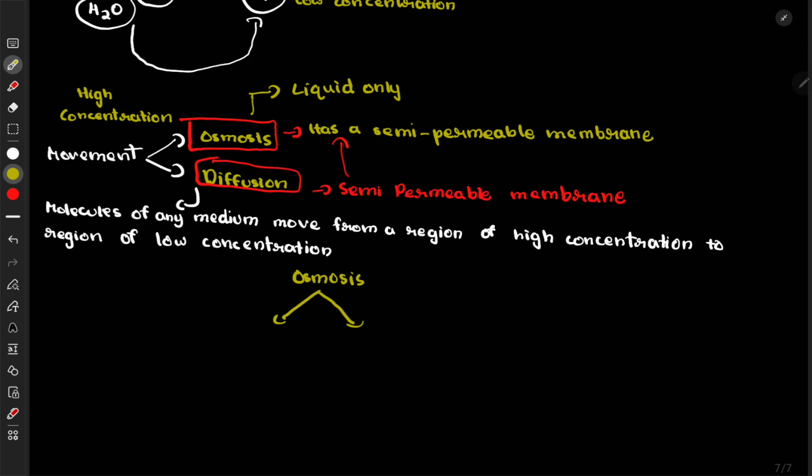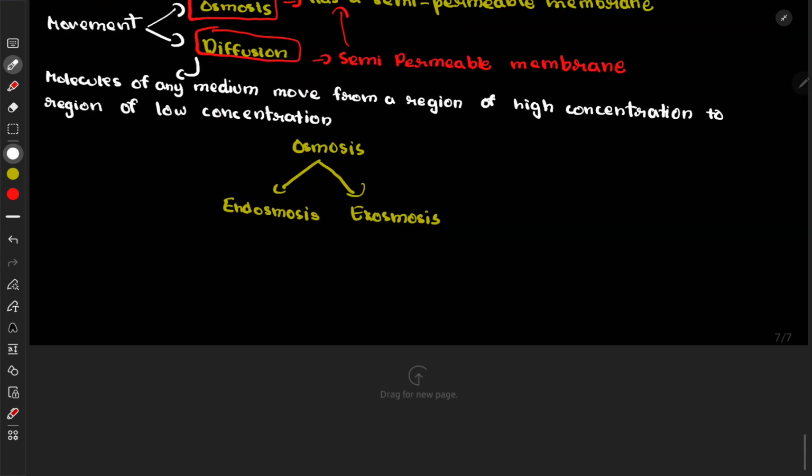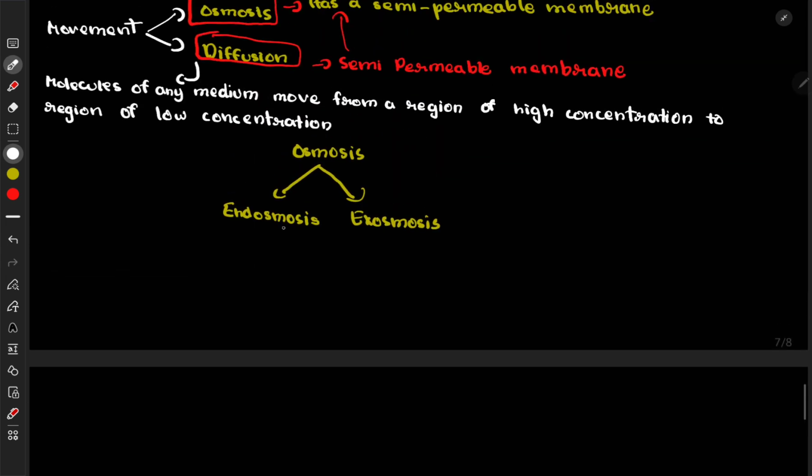Now in this osmosis, we have two types: endosmosis and exosmosis. Now, what is the difference? Basically, endosmosis means that a substance is going inside the cell.